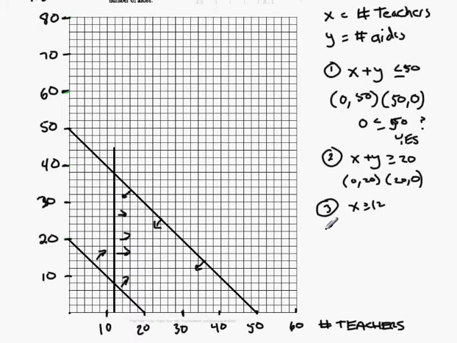And then finally, the last restriction is for a proper teacher to aide ratio, the number of teachers must be at least half the number of aides. So on restriction number 4, the number of teachers must be greater than or equal to half the number of aides.